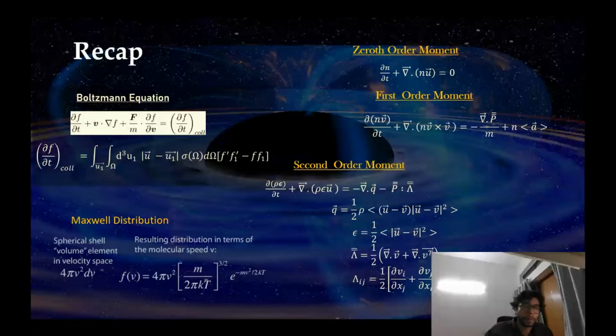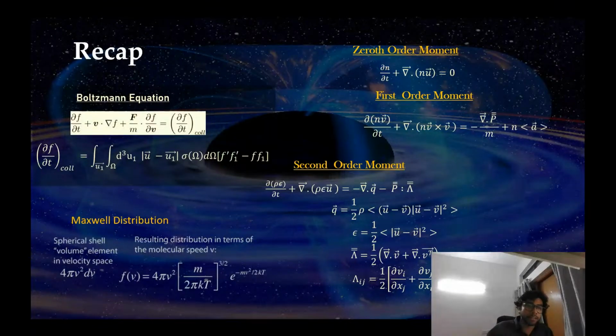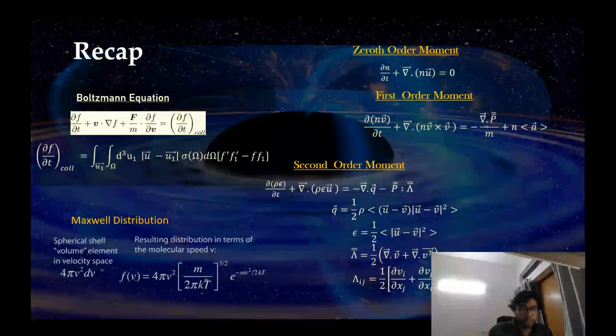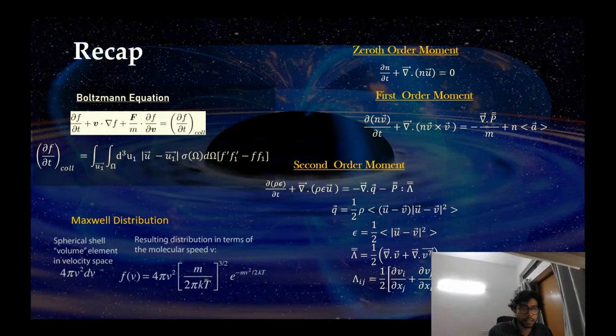Now, we also studied another important distribution, which is called the Maxwell distribution, and this is given by this term. How we arrived at this Maxwell distribution: we enforced the condition that the system is in equilibrium.